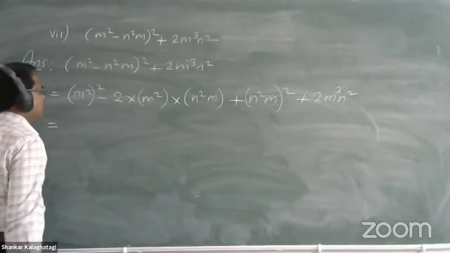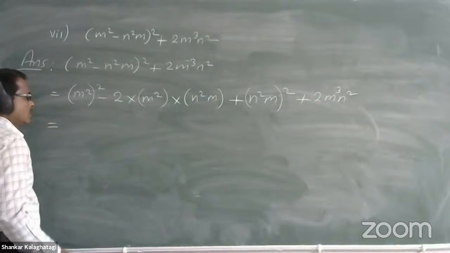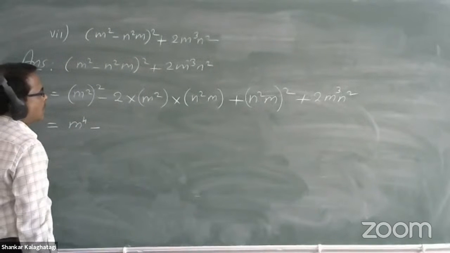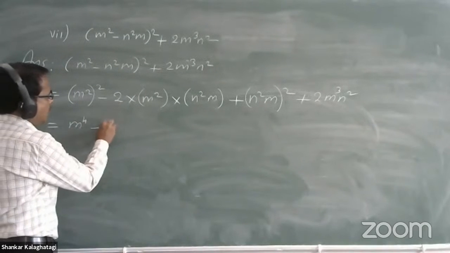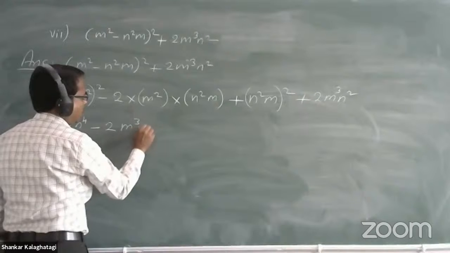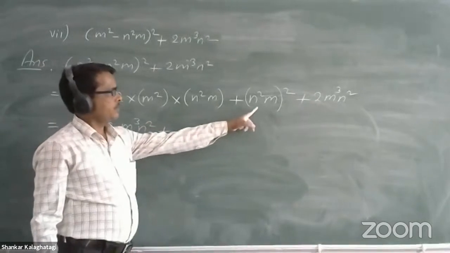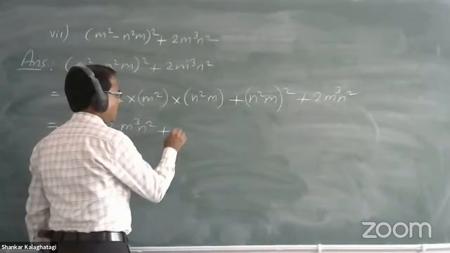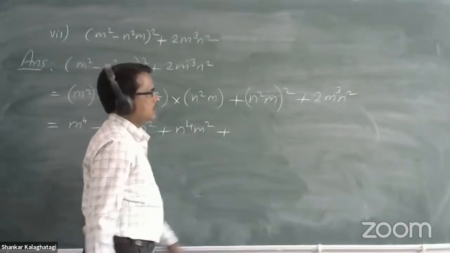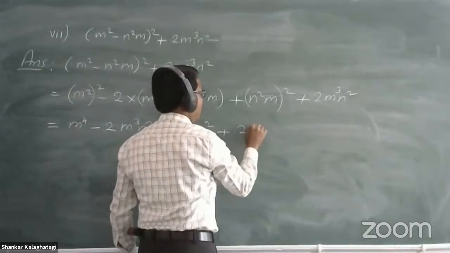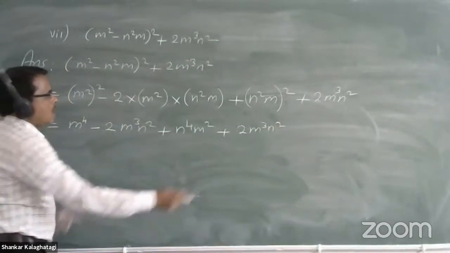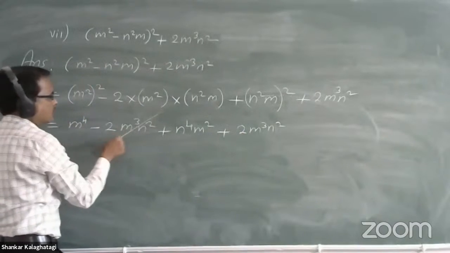Okay, this one is m raised to 4, minus 2m³n², correct? Plus n raised to 4 m², plus 2m³n². The 2m³n² terms cancel.